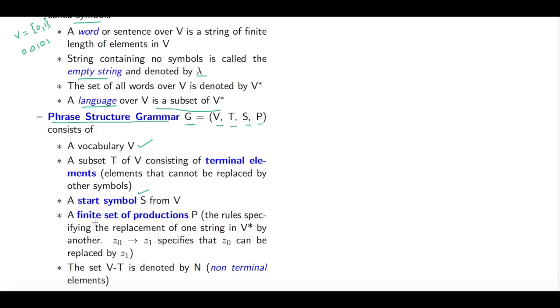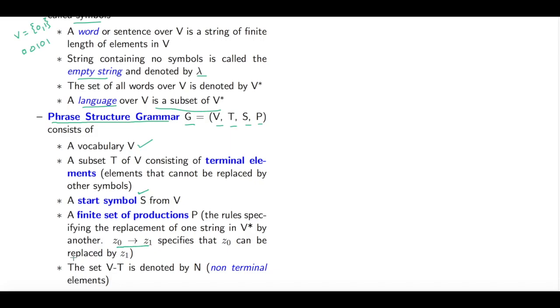And then we have a finite set of productions P, and productions are what? Productions are nothing but rules which specify the replacement of one string in V star by another. So for example, if Z0 can be replaced by Z1, we write that Z0 right arrow Z1.